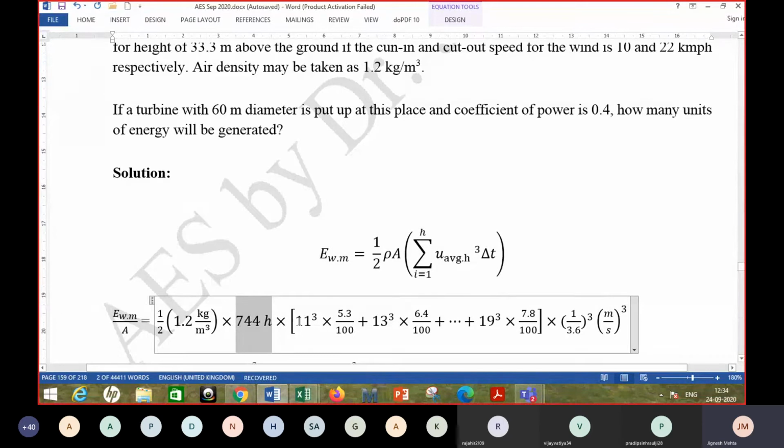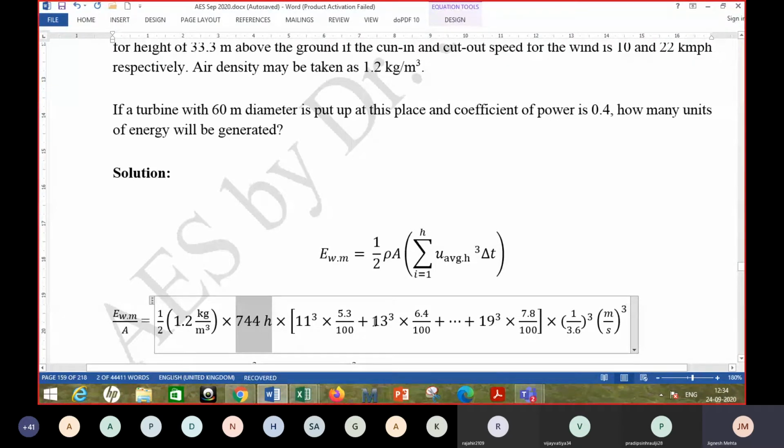Then cube of velocity, 11 cube, that is for the first reading, where the fraction of frequency occurrence is 5.3 divided by 100. This 11 occurred only for 5.3 upon 100 hours out of this 744 hours. Because this 744 hours is common to all, it has been taken out. Otherwise I can multiply each term with 744 hours, but it is common to all, so it has been taken out.